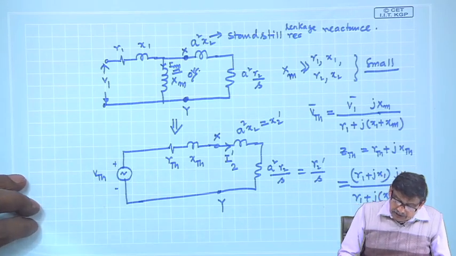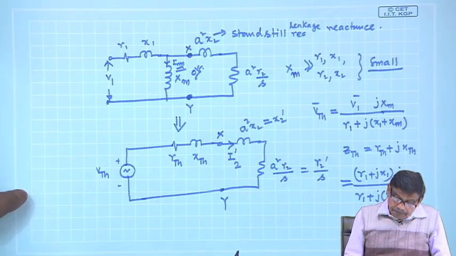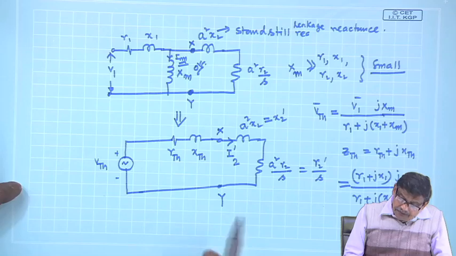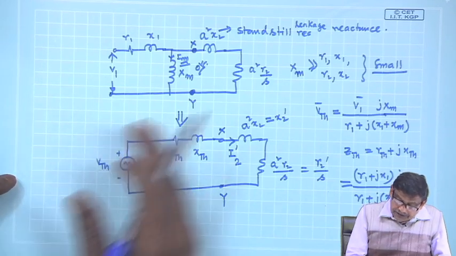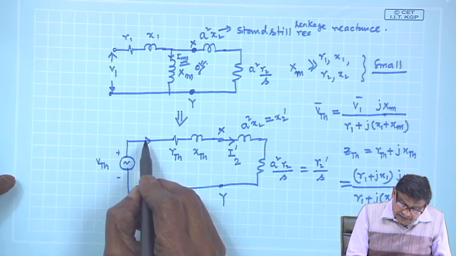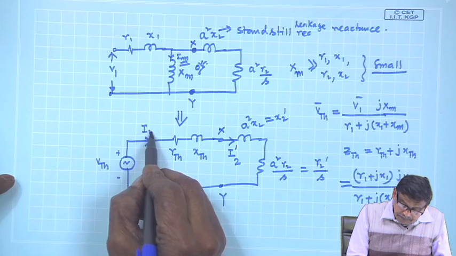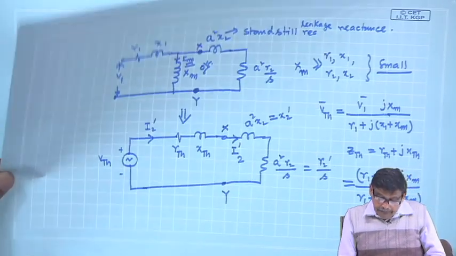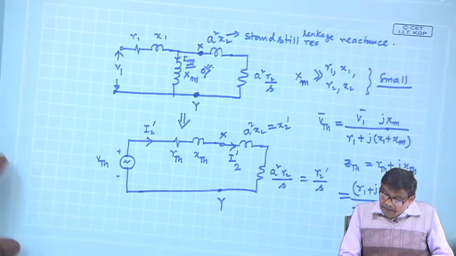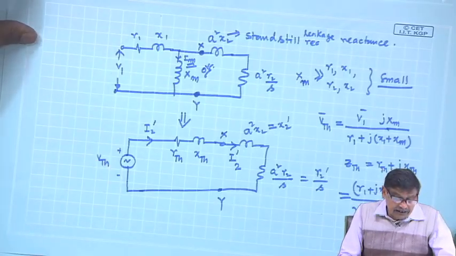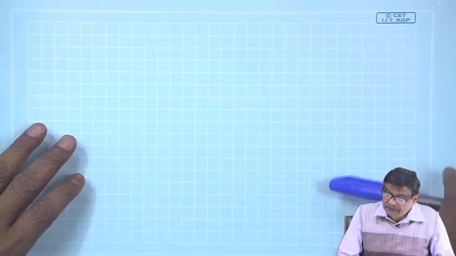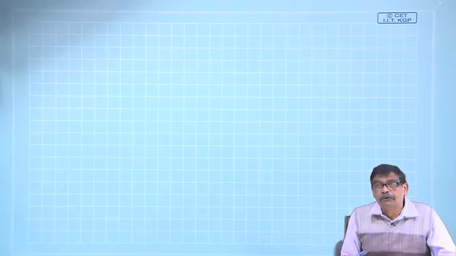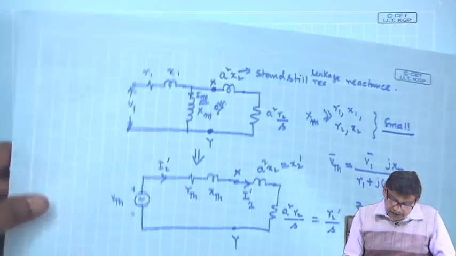So, this is how this equivalent circuit is drawn. Then I want to find out what current this machine draws, I2 dashed, suppose I say. After calculating the current, we will calculate power and try to calculate the torque developed by the machine.